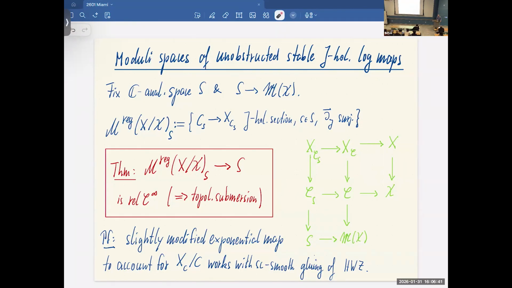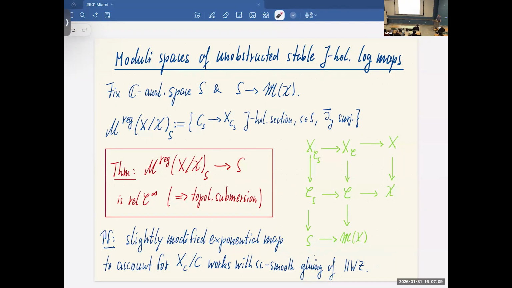Okay, so right, so we want to test it here, and then we define the space of regular sections. So the only difference to the definition before is that now we want the linearization to be surjective, and then of course I have to prove the theorem that this is actually RLC infinity over this S. So kind of topological submersion, and that's a relevant diagram, right?